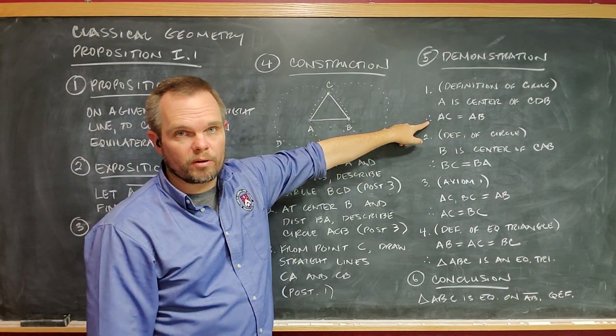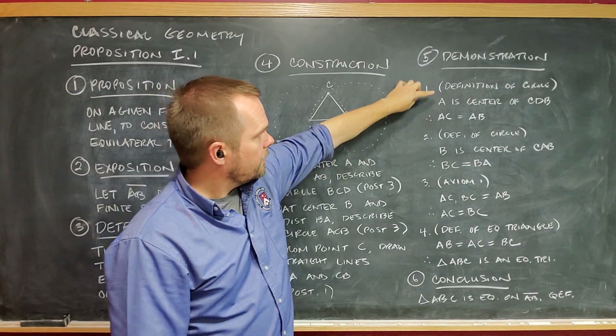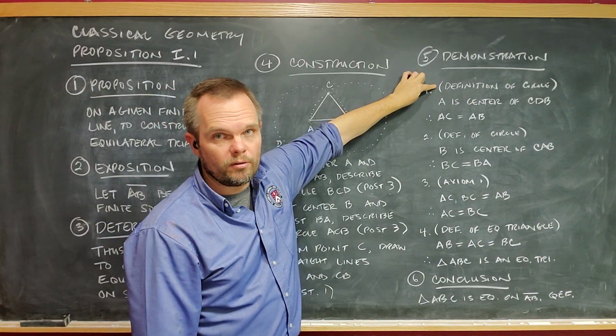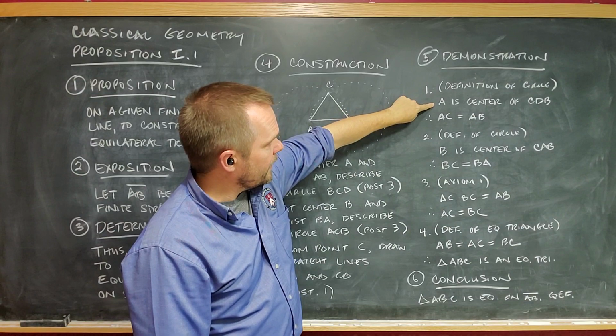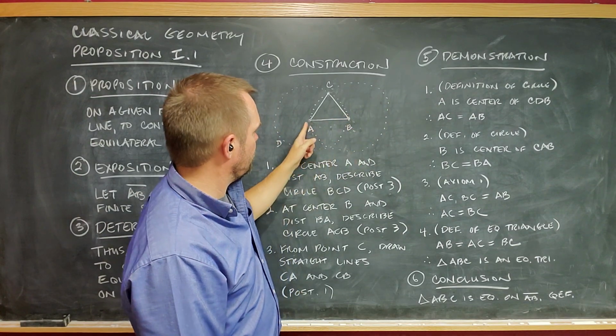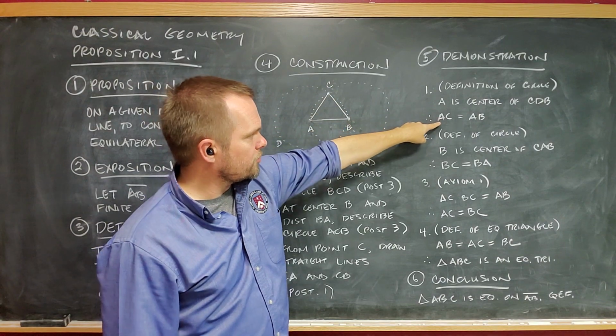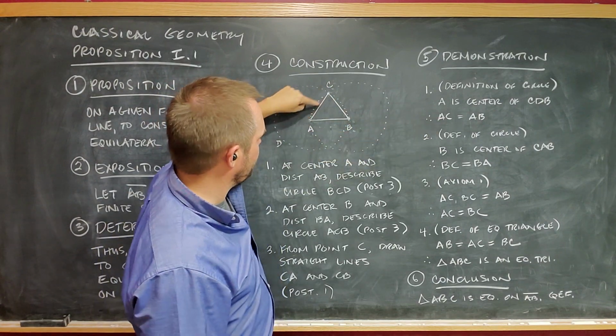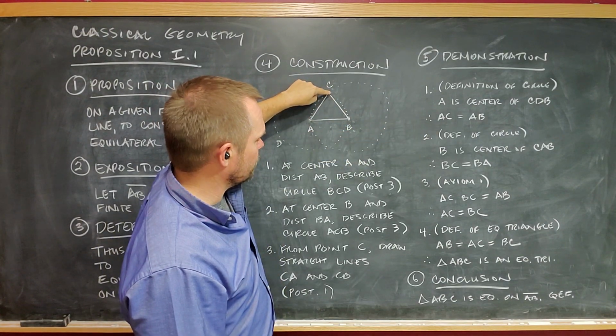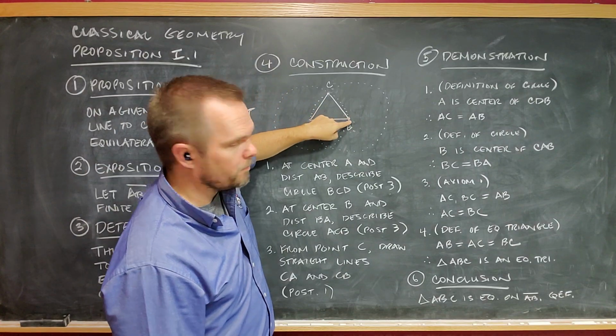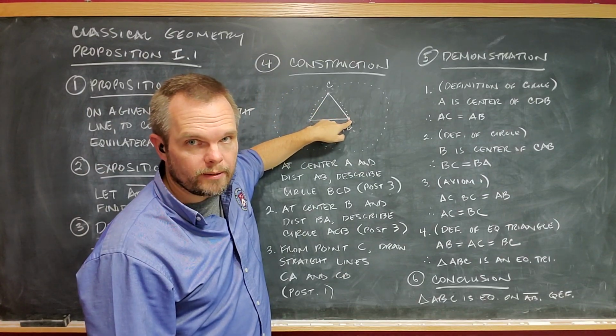And this leads us to our first conclusion. Based on the definition of a circle and the fact that A is the center of this circle CDB, it must be true that line AC is equal to line AB. Okay?